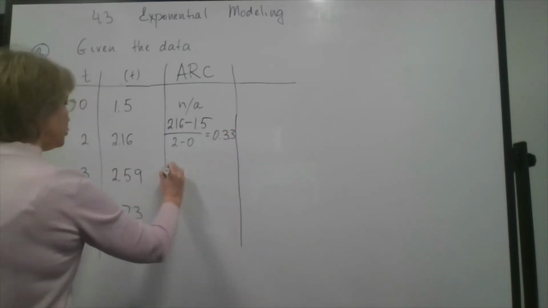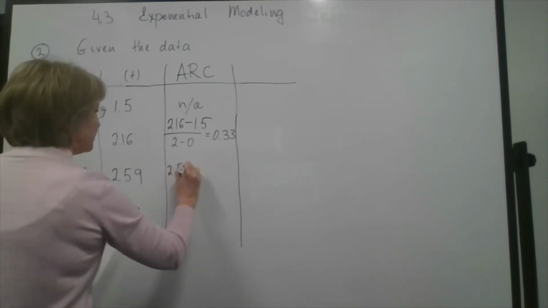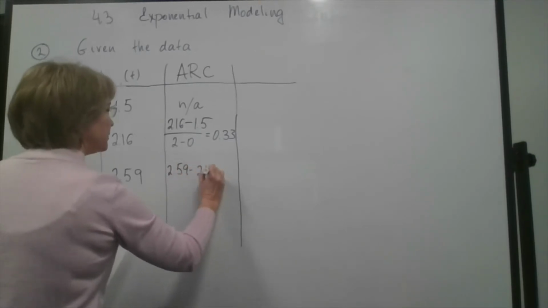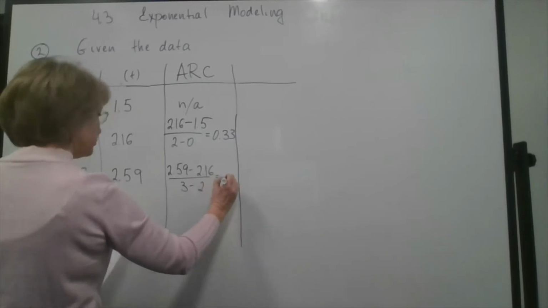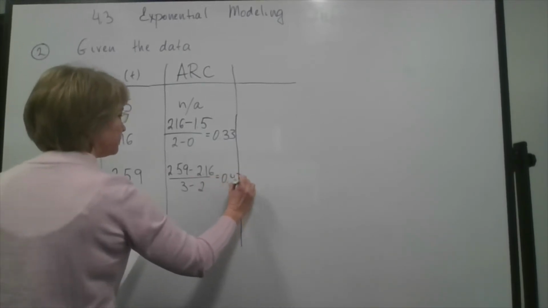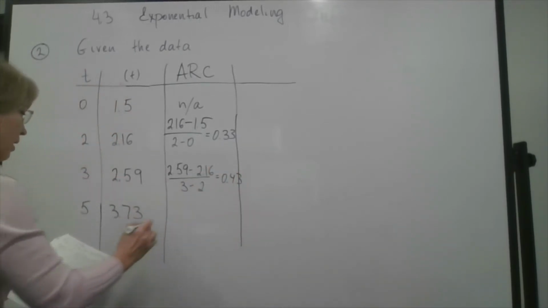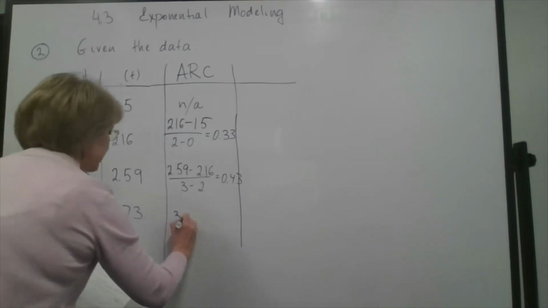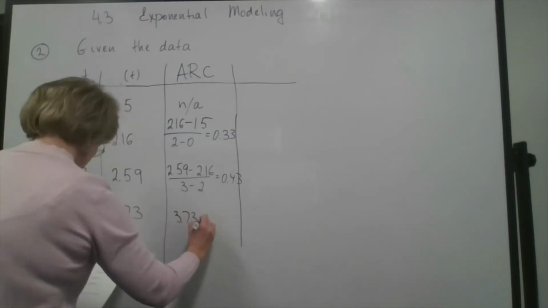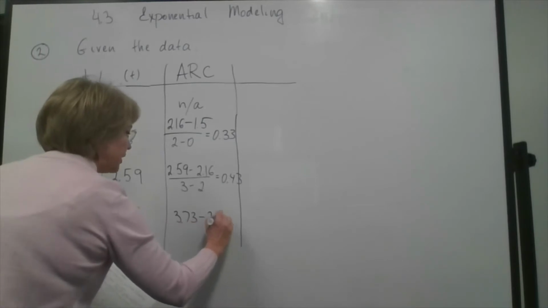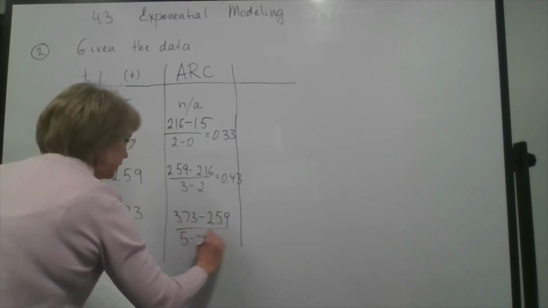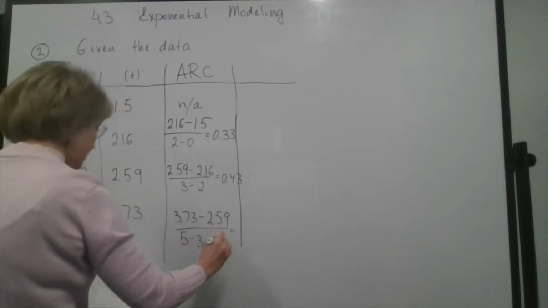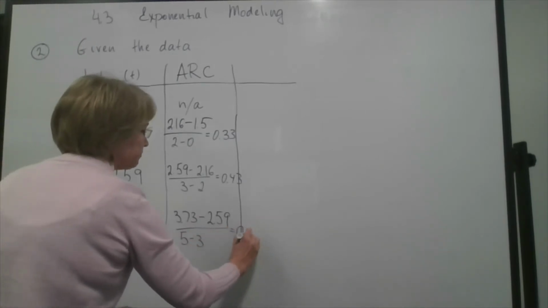Next, 2.59 minus 2.16 over 3 minus 2 is equal to 0.43. And the next one is 3.73 minus 2.59 over 5 minus 3, which is equal to 0.57.